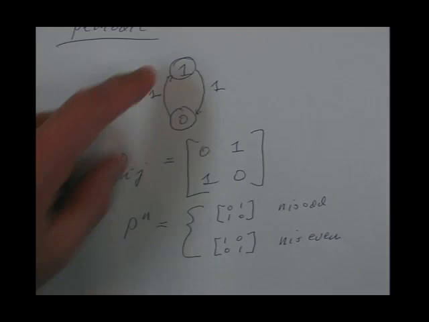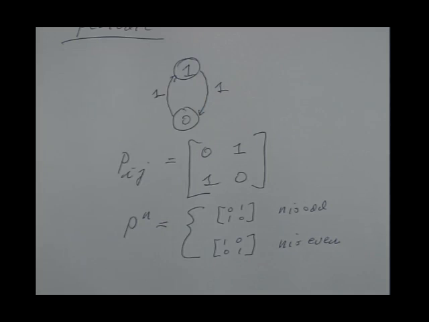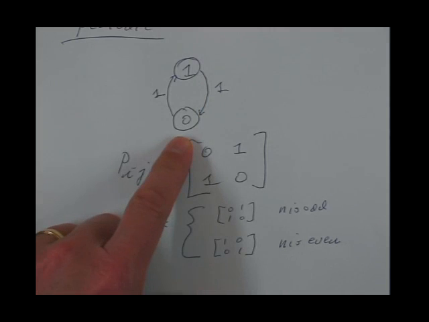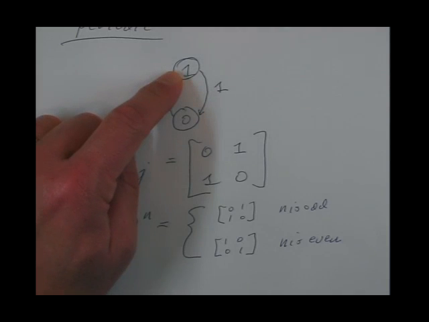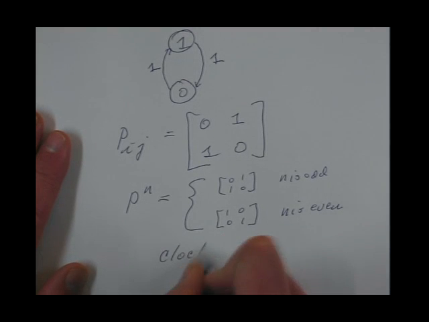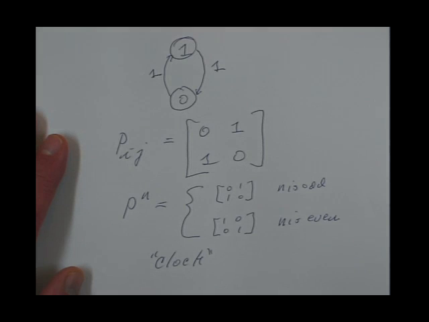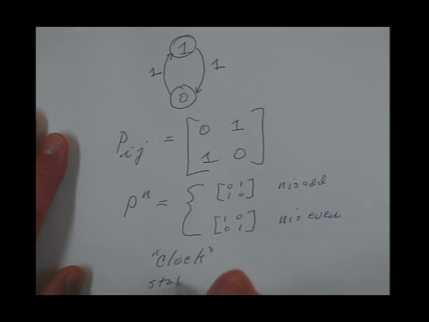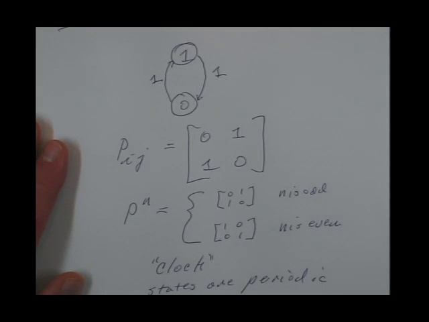At the odd times, you're in state 1, and at the even times, you're in state 0, if you start in state 0. If you start in state 1, then it's the opposite. So this is like a clock. The states are periodic. Okay? So that's the second counterexample.